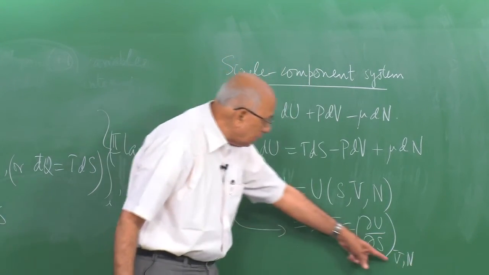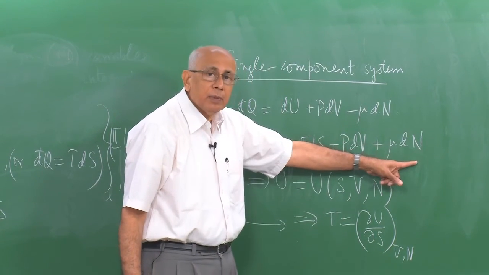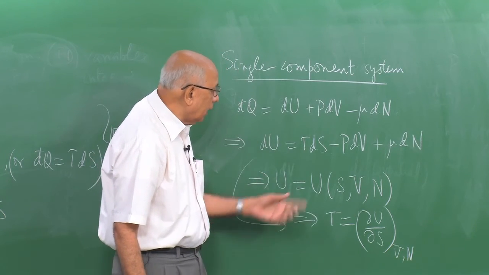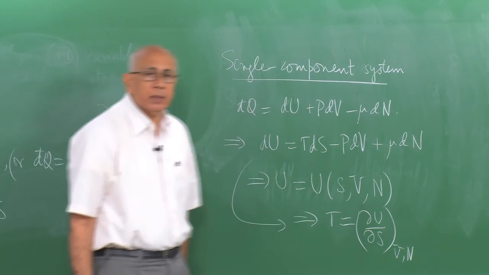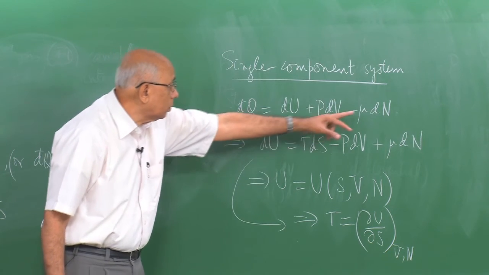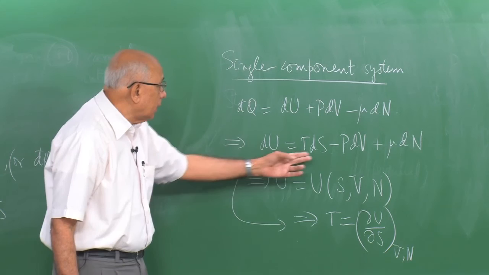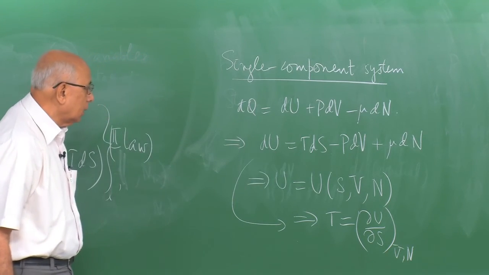This notation says these two independent variables are kept constant, and then this coefficient must necessarily be the rate of change of U with respect to S. All you have to do is put these two equal to 0, divide by dS and take the limit.